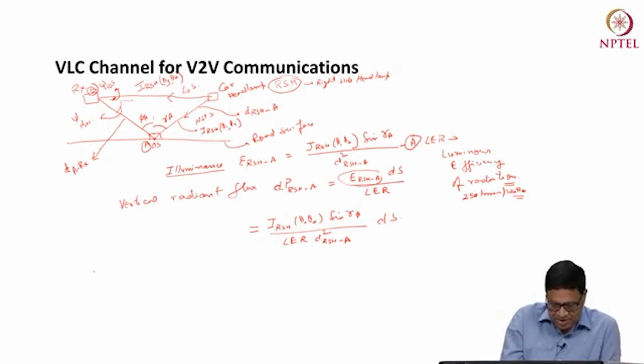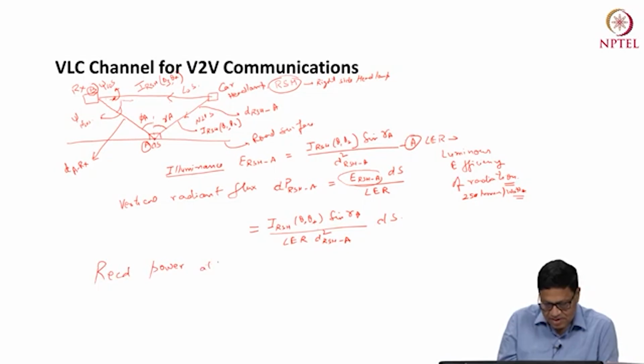Now the received power at B, that is at the receiver, and currently we are considering the non-line of sight component.